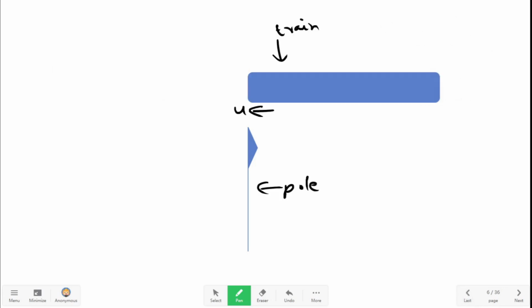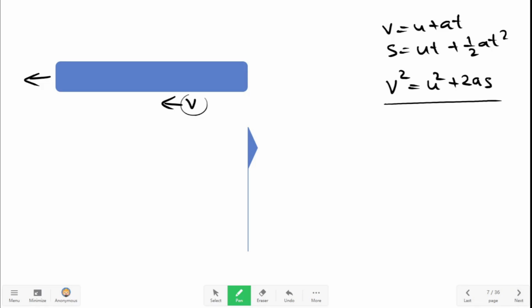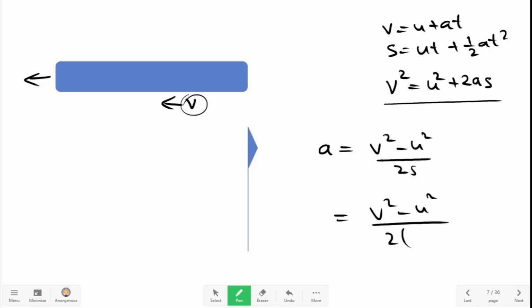So the initial velocity is u, final velocity is v. So let's find the acceleration. A is equal to v square minus u square divided by 2s. This is equal to v square minus u square divided by 2 times s is the length of the train, which is L.